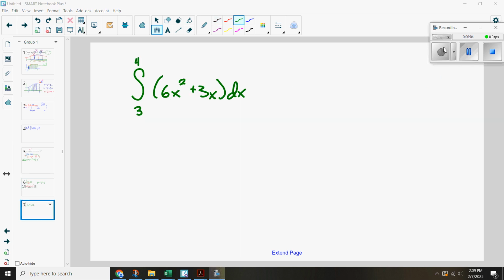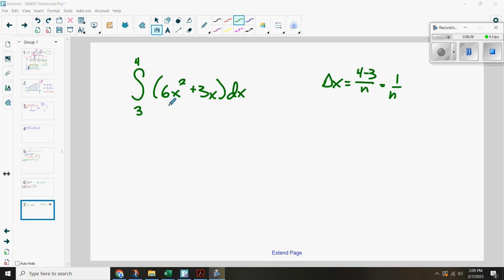Let's try one more. Again, I'm going to start with what is my delta x. So delta x is b minus a over n. So I have delta x equals 4 minus 3 over n. My delta x is 1 over n. What is changing in the integrand?